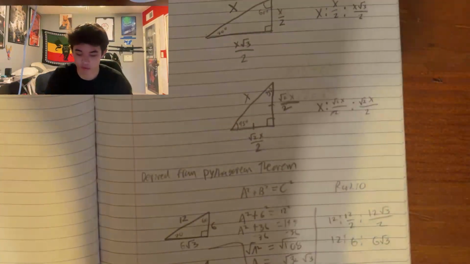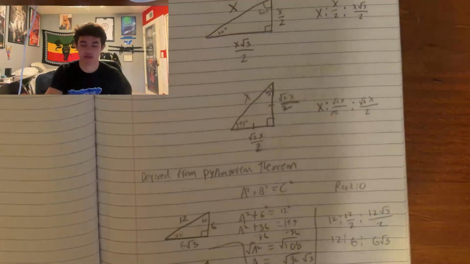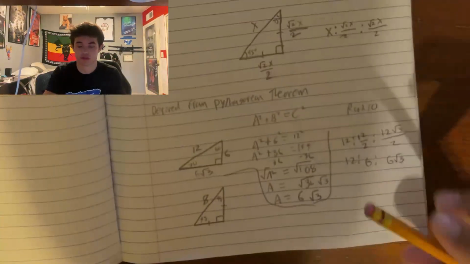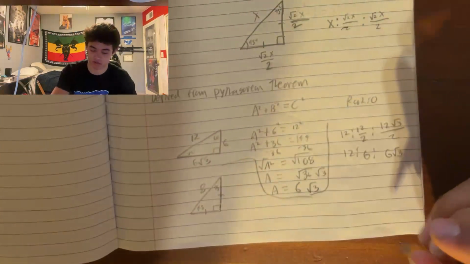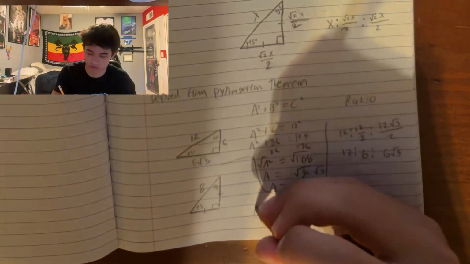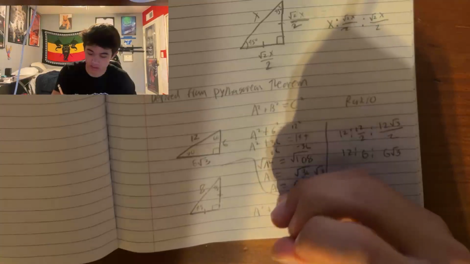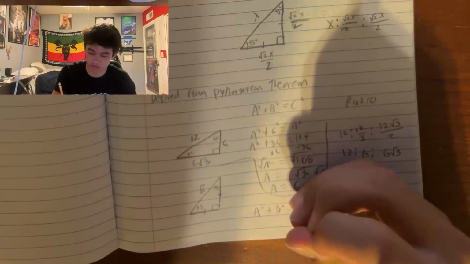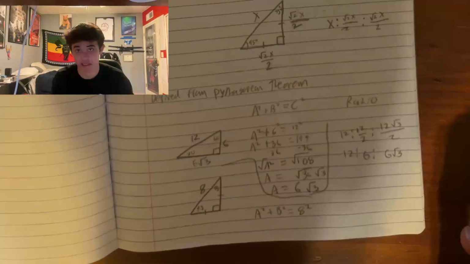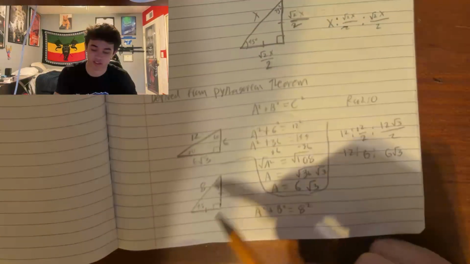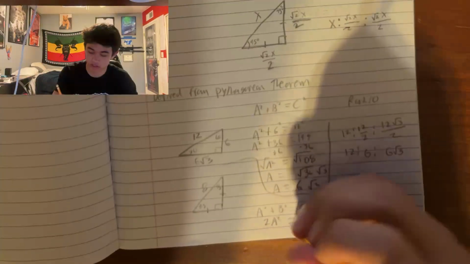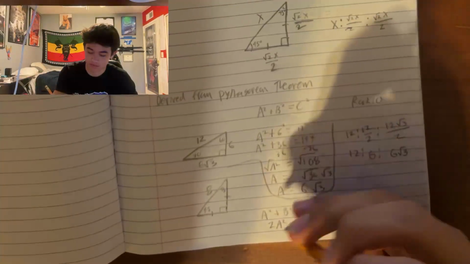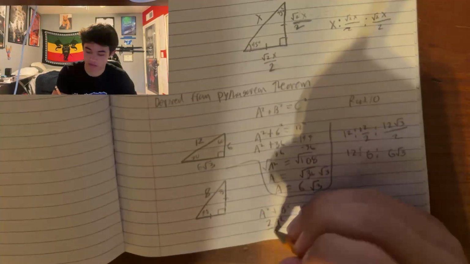On to the 45, 45, 90 degree triangle. Let's say the hypotenuse is 8. I didn't leave myself a lot of space here, so we'll just try and work with that. So we'll say a squared plus b squared is equal to 8 squared. And one thing about the 45, 45, 90 degree triangles, these two sides are the same. So we can say this is just 2a squared is equal to 8 squared. Divide both sides by 2.